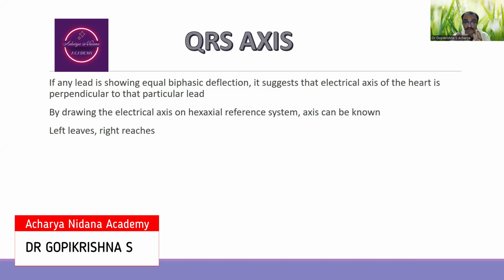We say the electrical axis is towards the lead where the positive deflection is seen. Or otherwise, we draw the electrical axis on the hexaxial reference system, wherein any two leads can be taken. Or otherwise, there is one more phenomenon, that is left leaves and right reaches. When do you say left leaves, right reaches? We are going to see that in the coming slides.